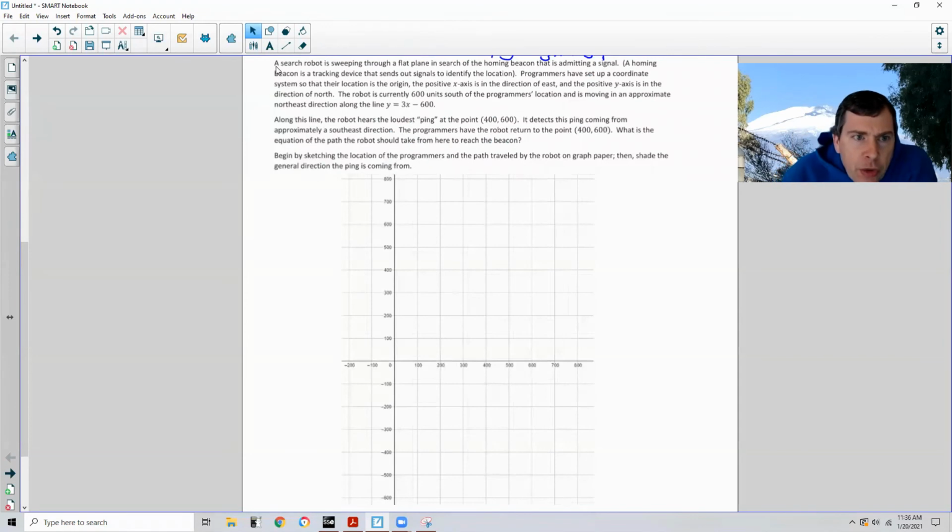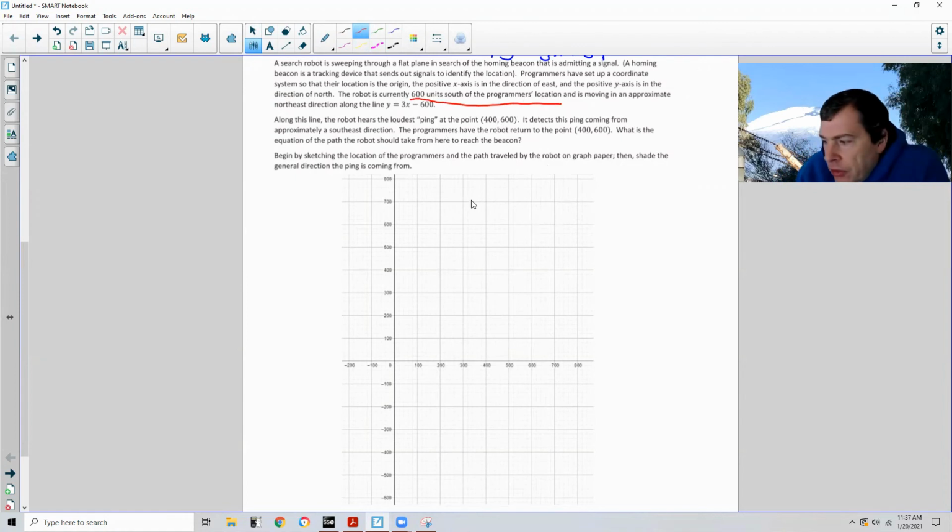Okay, so I brought in this graph and looked at these values. We want them in our printable area, if you will, our grid area. So let's take a look at this again. The robot is currently 600 units south of the programmer's location. The programmer, I believe they said, was at the origin.